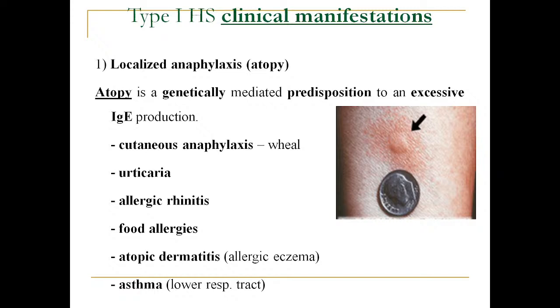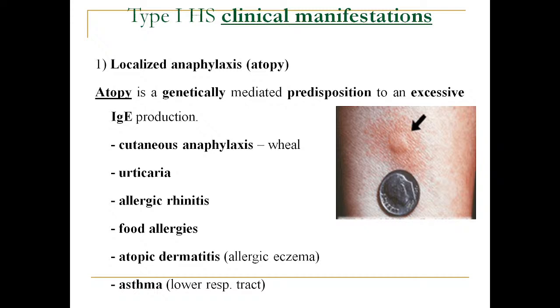We know these genes may be inherited from parents to children. People can live with these genes of atopy, genes that provide IgE production, during all their life, but without clinical symptoms of allergy.